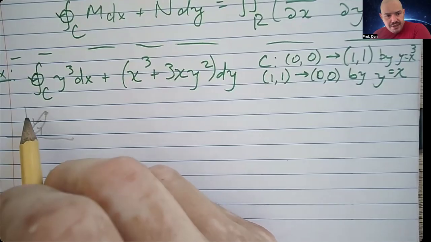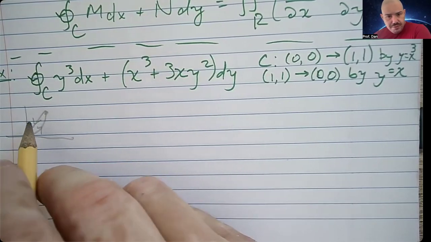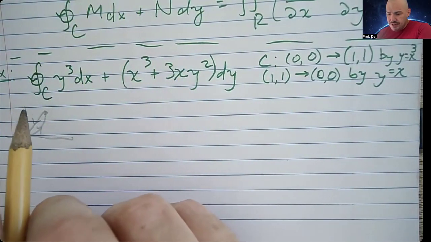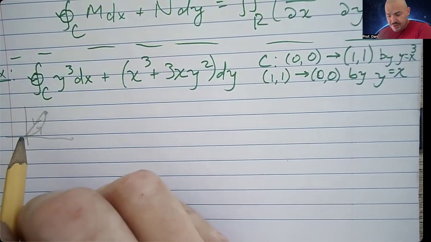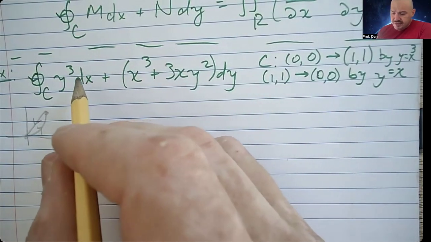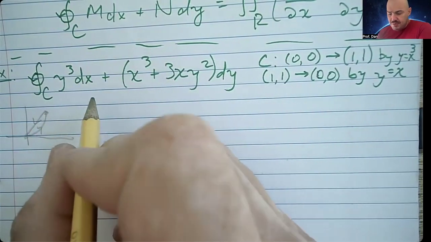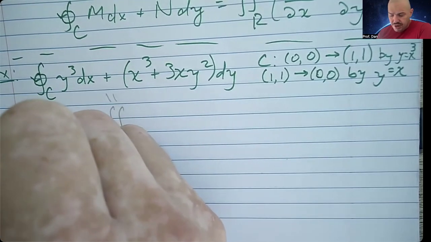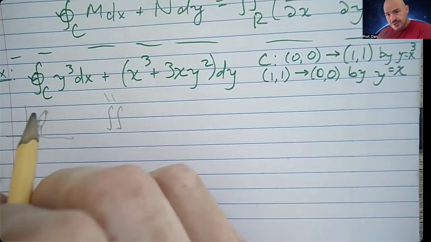But anyway, that's what our path looks like. So we know that the conditions for Green's theorem are met. With that said, I can set this up as a double integral over the region R, where R is the space that's enclosed by the path.